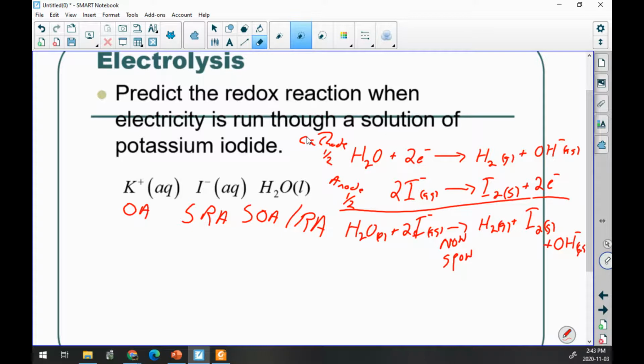Now, in this case, this cell is going to look basically like that.